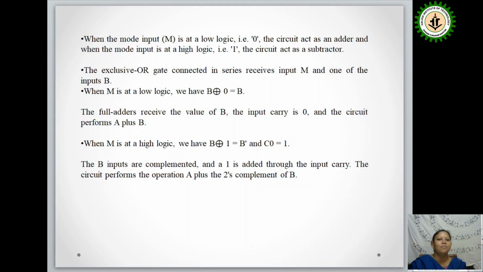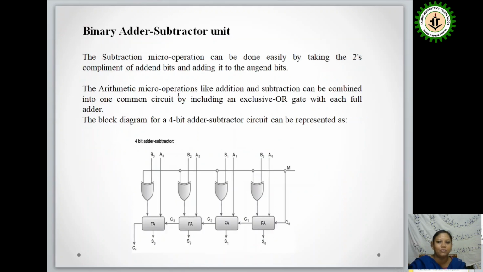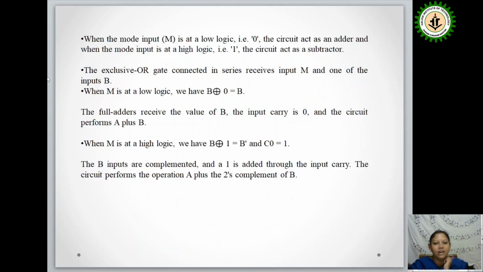So how do we calculate? Here the mode input M is the control input. If it is 0, then the value 0 is XORed with the B0 input. So the B0 input passes through the XOR gate, and the XOR gate output gives the final input to the full adder circuit. The XOR gate receives the input M along with one of the B inputs.